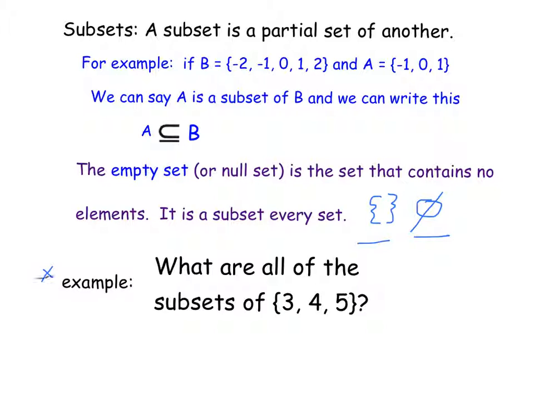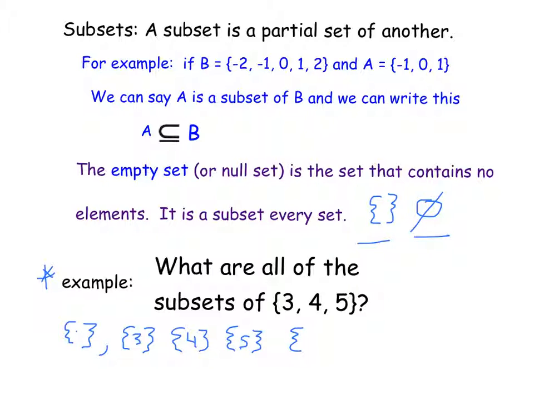All right, in an example like this, what you might have to do is name all of the subsets. So we know it's going to be the null set. I'm going to list it like this. So there's my empty set. And then we have one with 3. We have a subset that includes 4. We have a subset of 5, and yes, I know my braces are getting sloppy.